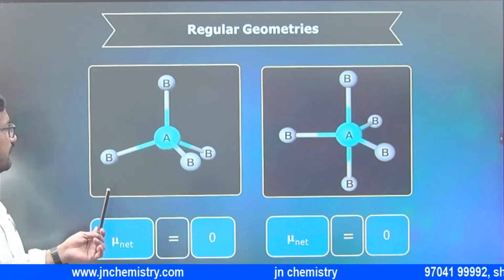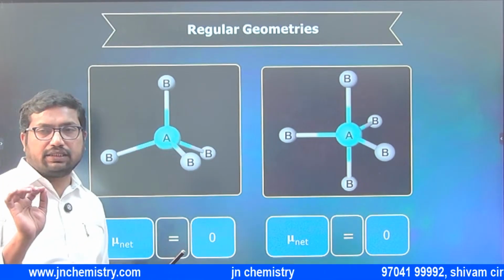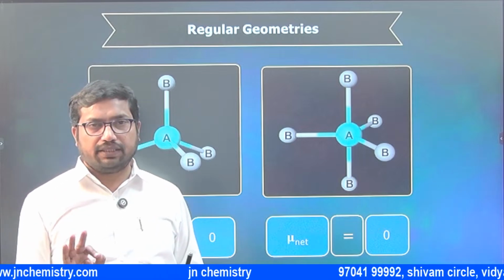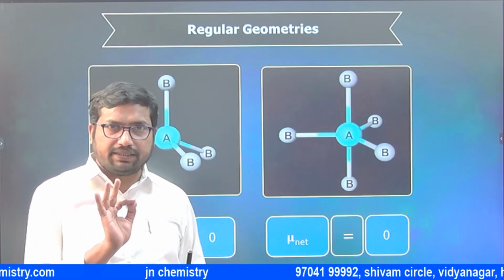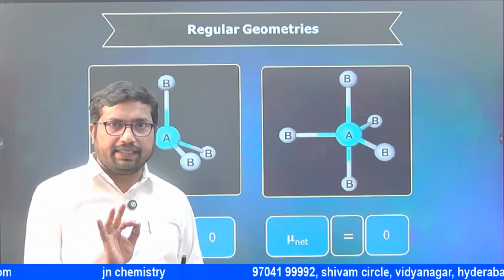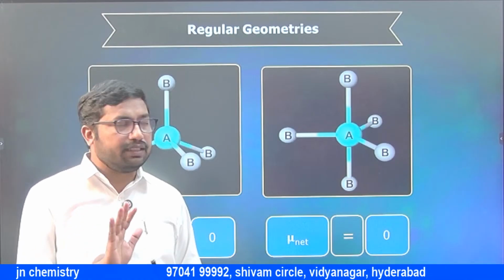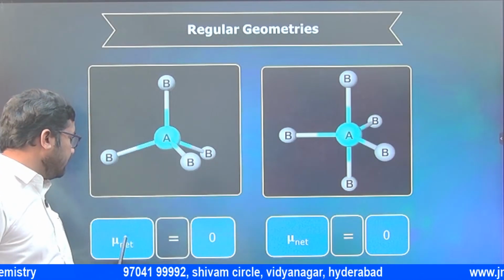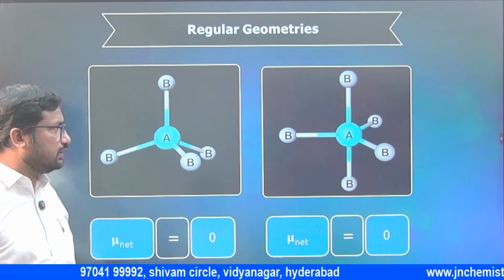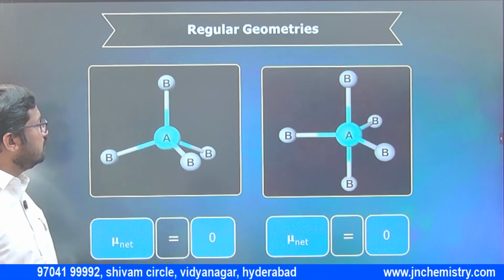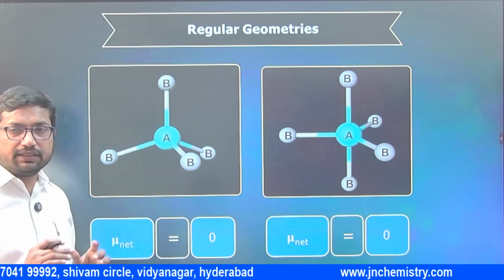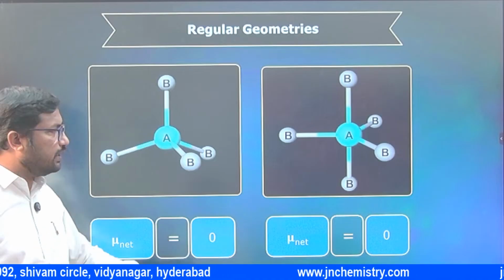So regular geometries now. All hybridizations generally, sp, sp2, sp3, sp3d, sp3d2, sp3d3 without lone pairs. If the spatial arrangement is regular geometry, we could say net dipole moment equals 0. Regular geometry means without any lone pairs.